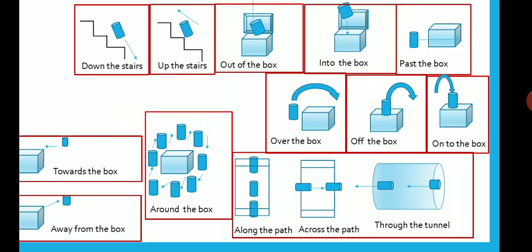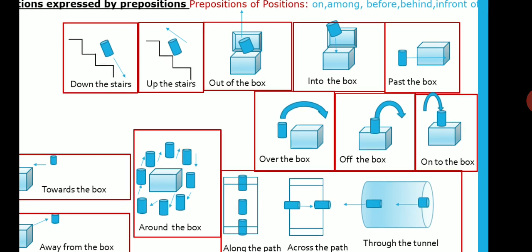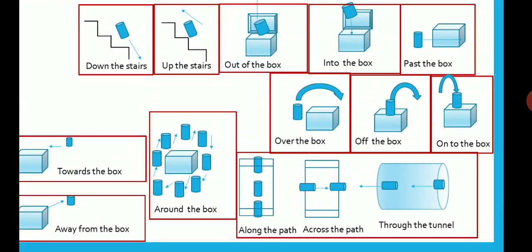Then you have a road or a path here, and if the pins are arranged in the direction of the path, same direction, it is called along the path. Here you have it crossing from one point to another, and in that case you use the preposition across.